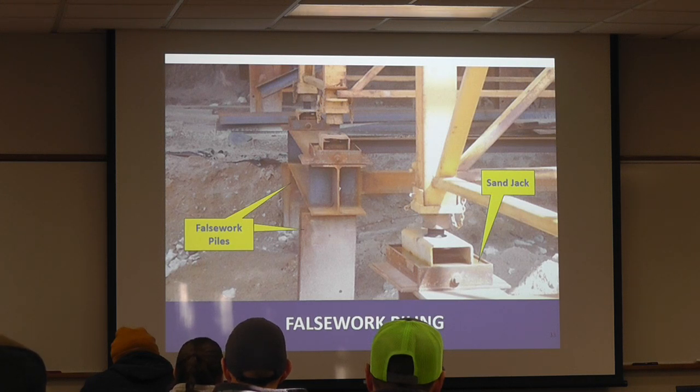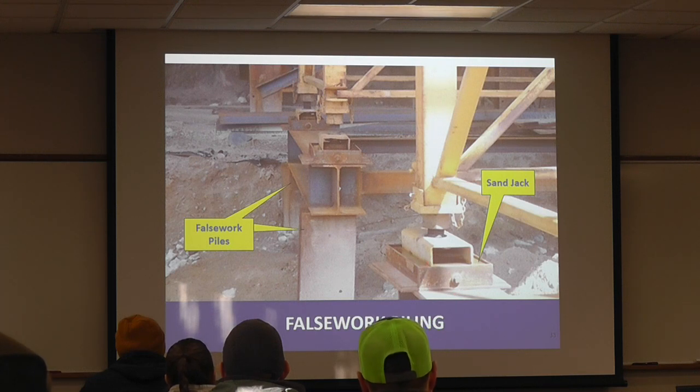This is not St. Croix, but the same concept was used on St. Croix. It's something that's pretty ingenious, and the first time I saw it, I said, what do we have here? This is falsework, so there's some piles driven in the ground, maybe a little member coming this way. And then we have this little box that goes onto some kind of shoring towers up above. This is called a sand jack. They literally fill this thing up with sand. It's pretty ingenious because then you open up this little valve, and if you need to lower your falsework, it'll come on down.